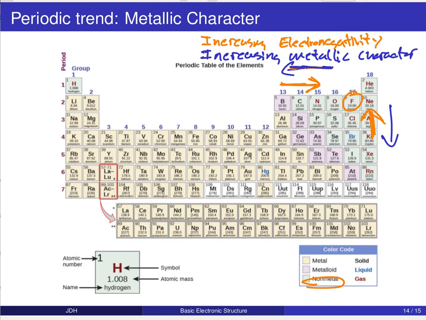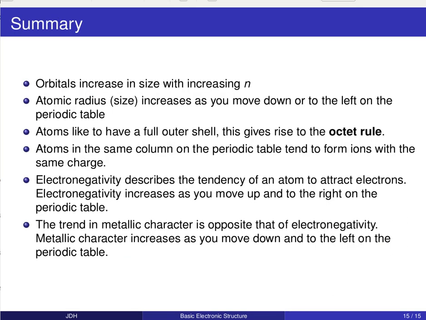Going from right to left and going down the periodic table. So fluorine's the most electronegative, right? And right down here, francium has the lowest electronegativity. And so conversely, francium will have the highest metallic character, but fluorine will have the lowest metallic character.